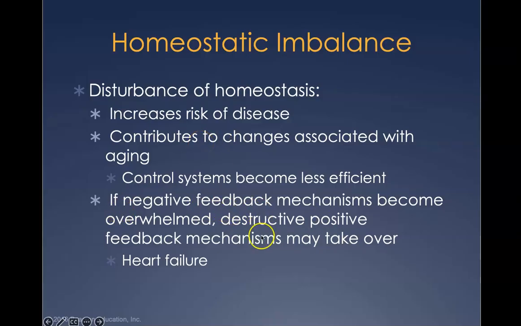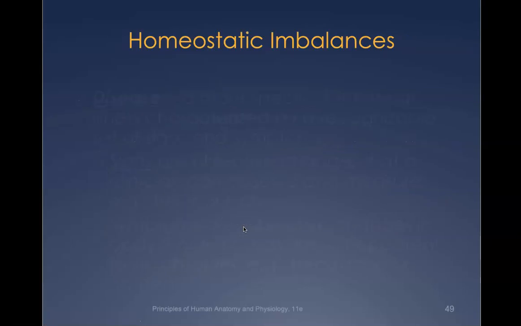Now, if negative feedback mechanisms get overwhelmed, then destructive positive feedback mechanisms might take over. And this can lead to things like heart failure and, again, death. So again, negative feedback is our primary goal to bring us back to homeostasis.